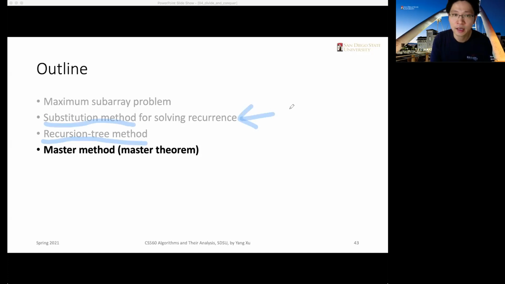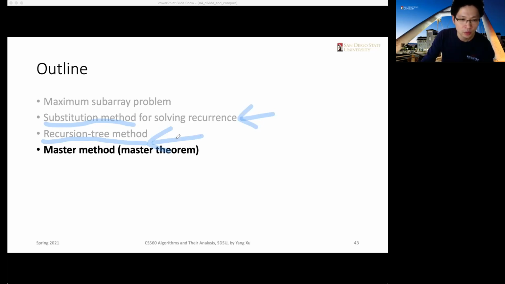But in terms of how to obtain a guess about the solution, using the recursion tree method is a very good option. It gives you an intuitive understanding of why we have some sort of guess for the recurrences.